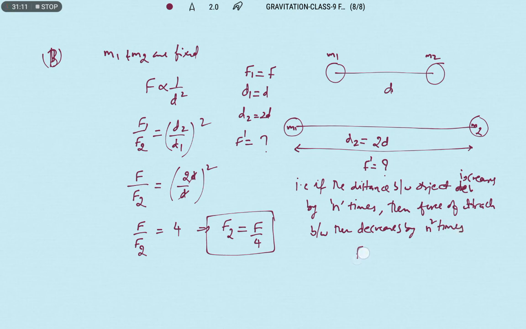That is, we can write f dash equals f by n square.